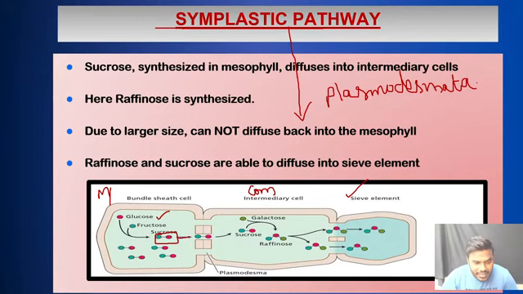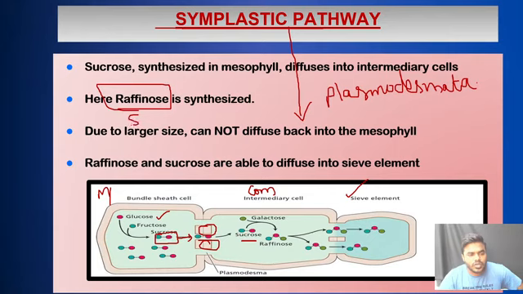Friends, they start moving towards the companion cell via plasmodesmata. Don't forget it. Whenever the sucrose enters the companion cell, sucrose can be converted into what, friends? Larger sugars. What are the larger sugars? Like raffinose and stachyose. Raffinose and stachyose are very large sugars.